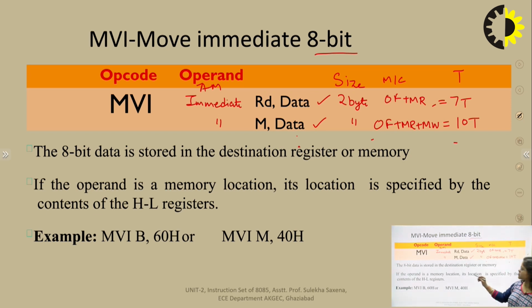And this instruction simply copies the immediate data specified in the instruction either to register or memory location. For example, MVI B comma 60, 60 is copied to B register, or MVI M comma 40, so 40 is copied to the memory location whose address is specified in HL pair.